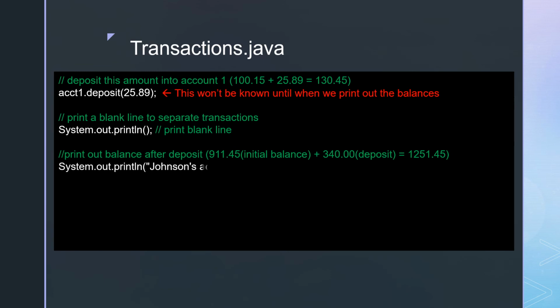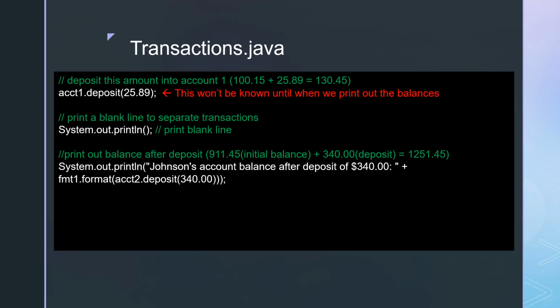So we type System.out.println("Johnson's account balance after deposit of $340" plus FMT1.format(ACCT2.deposit(340))).